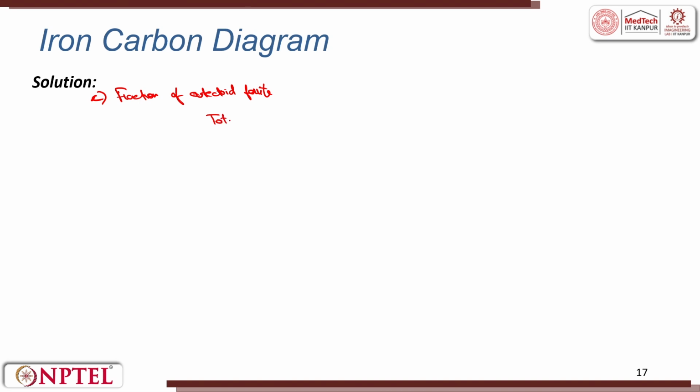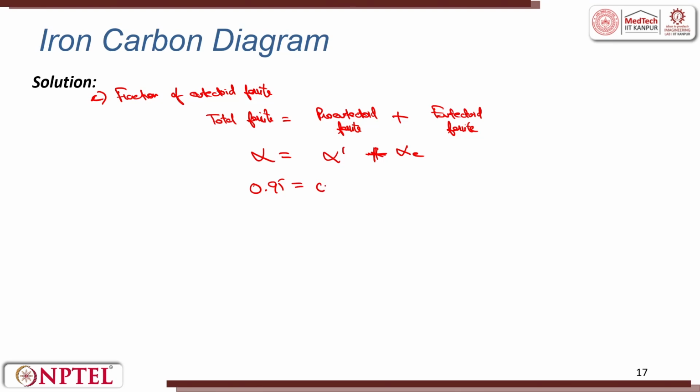We have seen in the previous slides that total ferrite is equal to proeutectoid ferrite plus eutectoid ferrite, that is alpha is equal to alpha dash plus alpha E. The 0.95 is calculated, and 0.56 is also calculated, and alpha E is our point of interest.